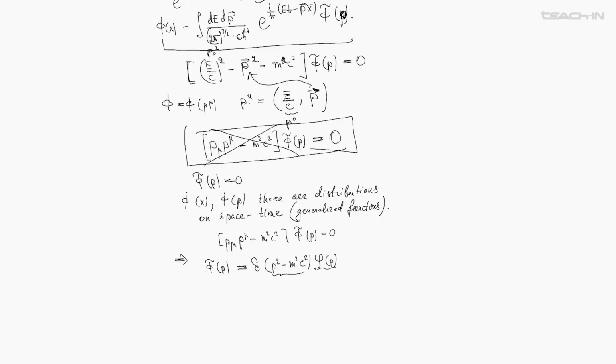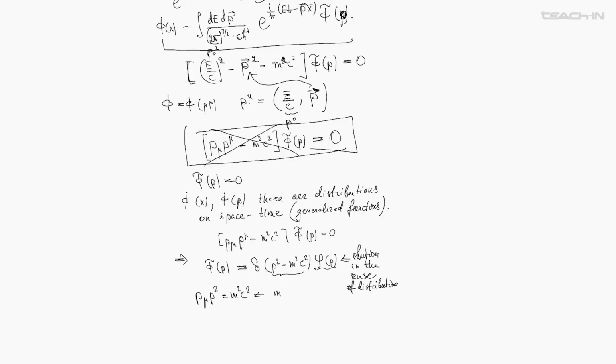This is the solution of this equation, a solution in the sense of generalized functions, in the sense of distributions. The condition p mu squared equals m squared c squared is called the mass shell condition.